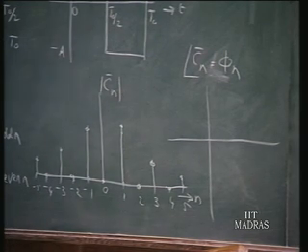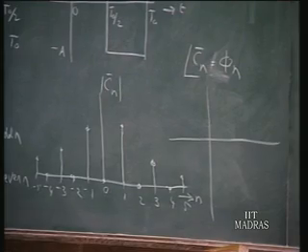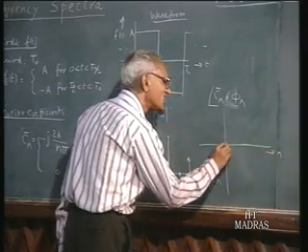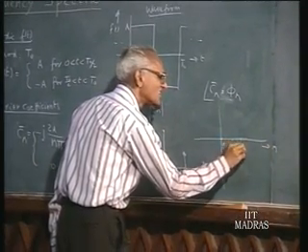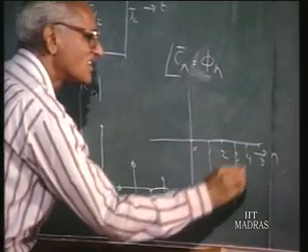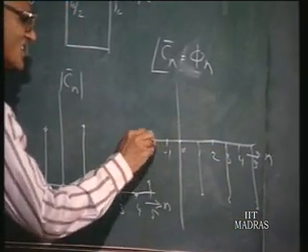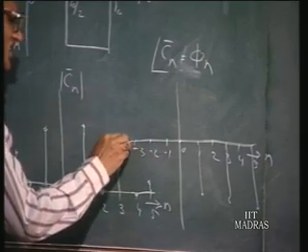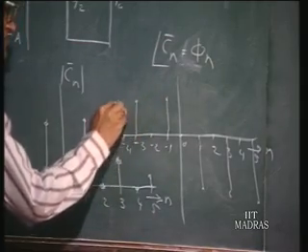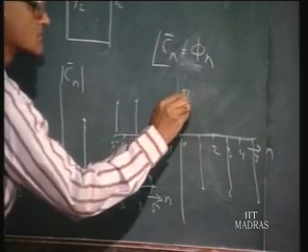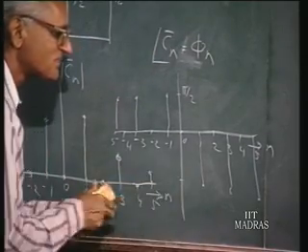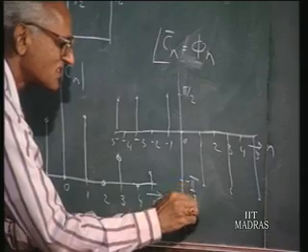And phase, every non-vanishing Cn will have minus 90 degrees, as you can see here. And since for minus n it's the conjugate, you have plus pi by 2. Minus pi by 2.